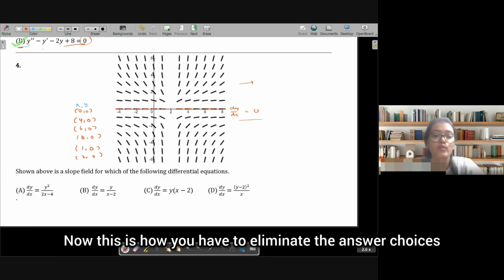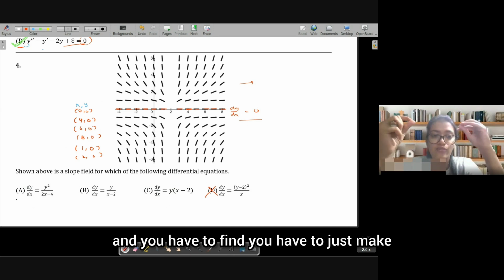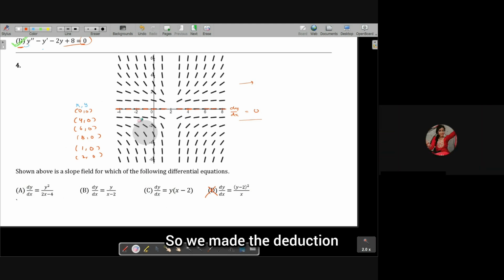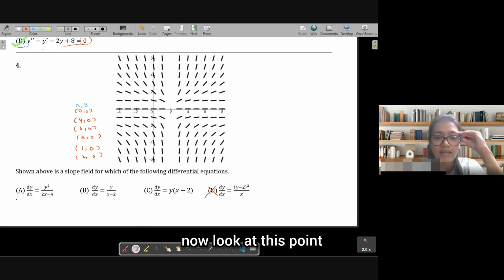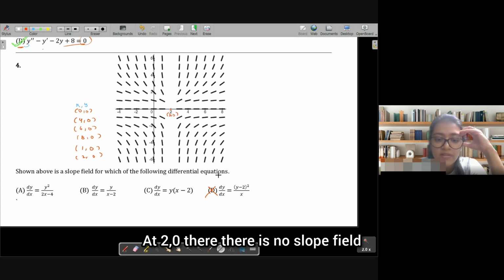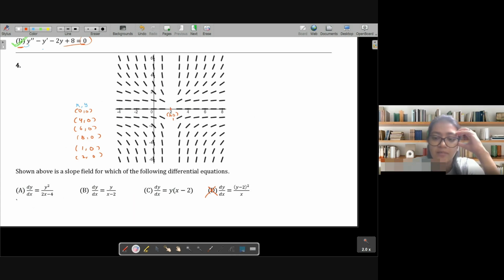Now this is how you have to eliminate the answer choices by looking at the slash marks, and you have to just make some deduction about the slope. So we made the deduction that at the x-axis the slope is 0. Now if you look at this point 2 comma 0, actually at 2 comma 0 there is no slope field. This is empty. So what does that mean?